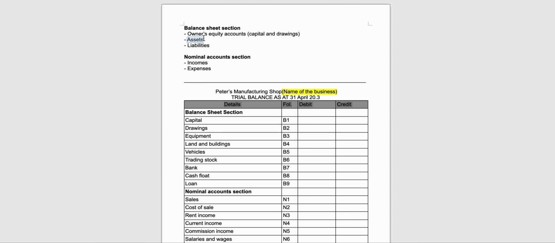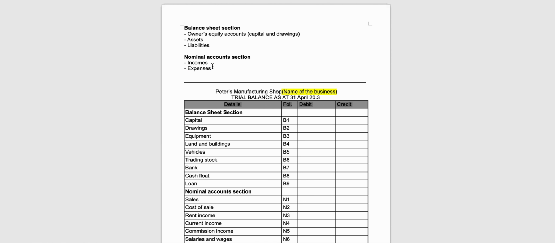All those types of accounts which are assets, you're going to list them, whichever ones are given to you in the information in any activity. And then after you are done listing all the assets that you have, you are going to do your liabilities. In the nominal account section, what we record is just incomes and expenses.